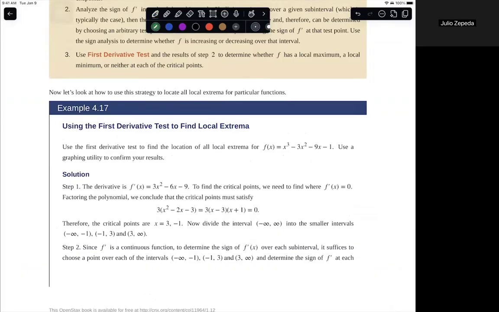Example 4.17 says use the first derivative test to find the location of all local extrema for f of x equals x cubed minus 3x squared minus 9x minus 1. So we can find the derivative. This is 3x squared minus 6x minus 9. We can factor out a 3. Since we want to find the critical points, we're going to set this equal to 0.